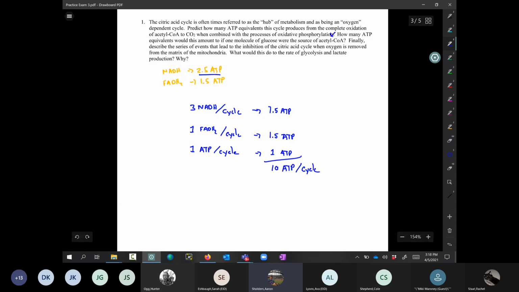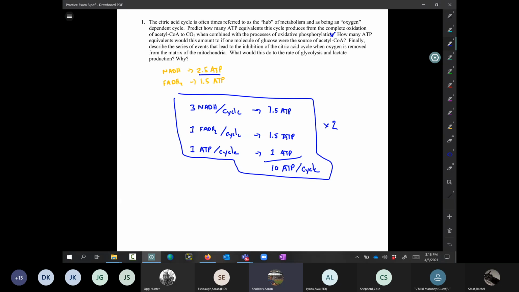How many ATP equivalents would this amount to if one molecule of glucose were the source of acetyl-CoA? So what this is saying is, if we were to connect this to carbohydrate metabolism, how many would this lead to? The answer would be to take this times 2, because with glucose, we produce 2 acetyl-CoAs.